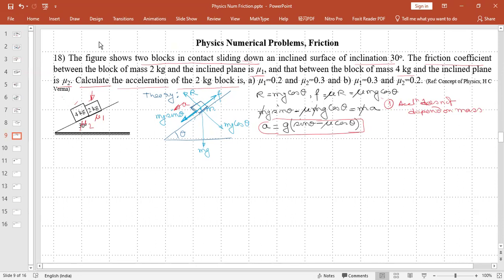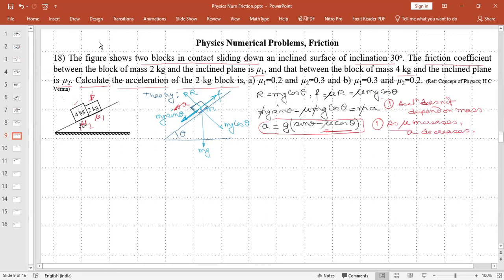And second thing, what we observe from here, mu is here. So if mu is more, then this term becomes larger. That means acceleration becomes smaller. So we write, as mu increases, acceleration decreases.